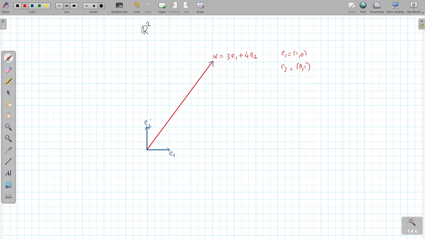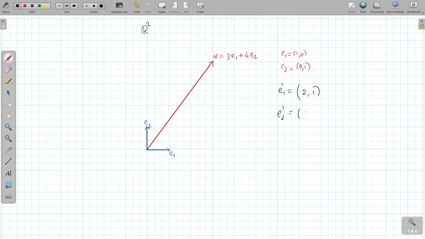Now we know that there are many other bases for this R2 other than e1 and e2. Now we choose another set of bases, say e1 prime. E1 prime is defined as (2, 1), and I'll write e2 prime.